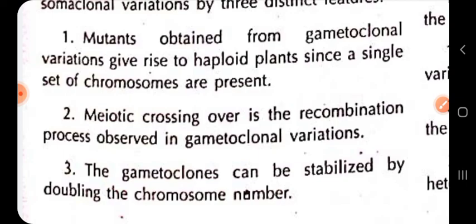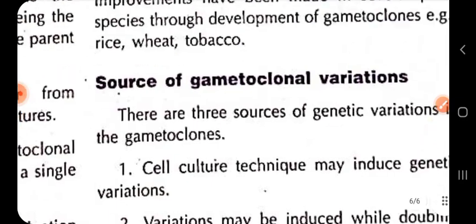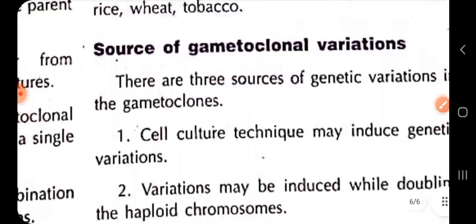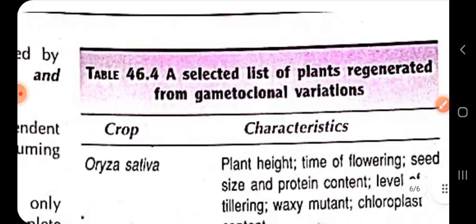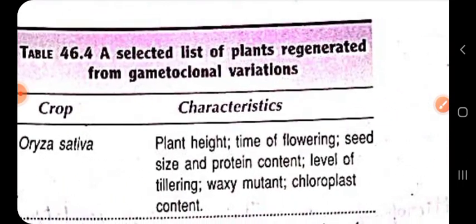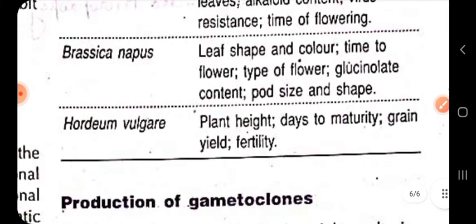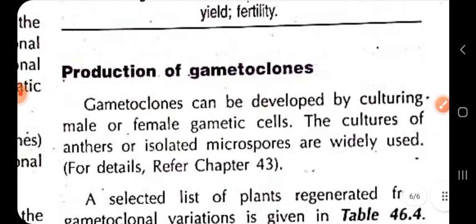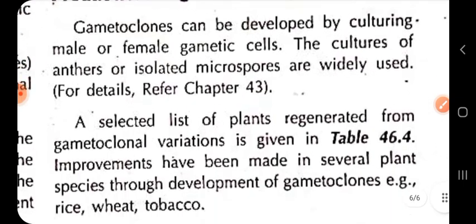We can get the trait and we can grow the plants. So this was all about somaclonal variation, and I hope you have understood this part. If you have any queries or questions regarding this, you can ask in the WhatsApp group. I will try to explain the answers. Okay.